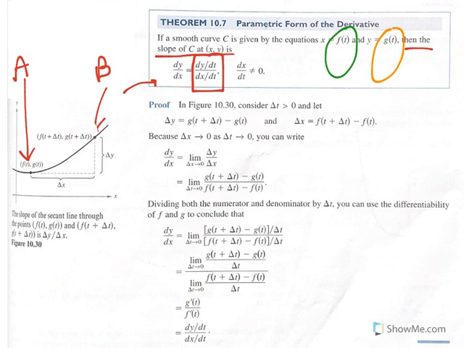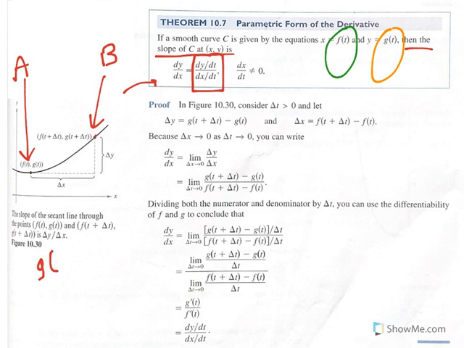And if delta t is really small, then the object will not have moved as much, and point B will be closer to point A. And if delta t is larger, then there's been more time, so the object could be further from point A. So the slope of the secant line through these 2 points is given by the familiar slope formula. How do you find slope of any line? You take the change in y and divide by the change in x.